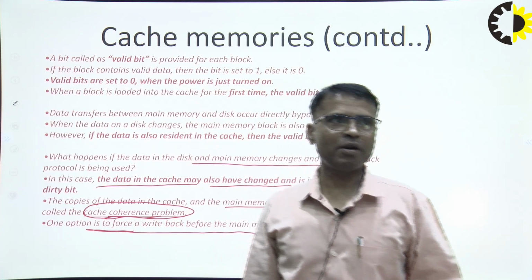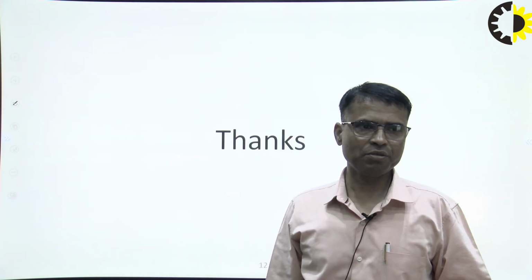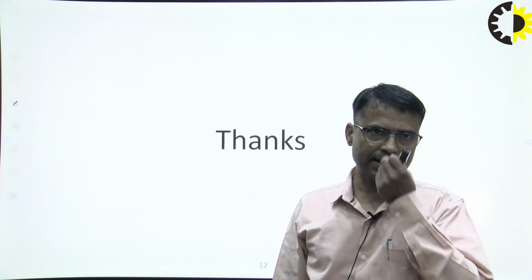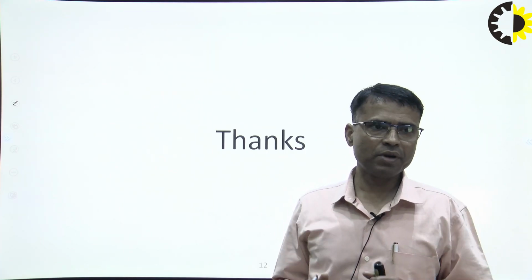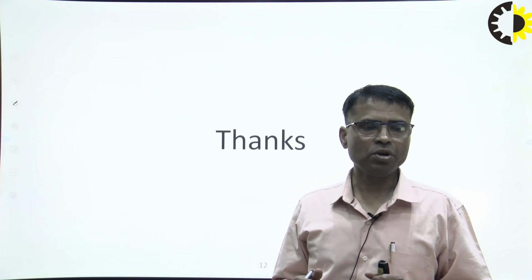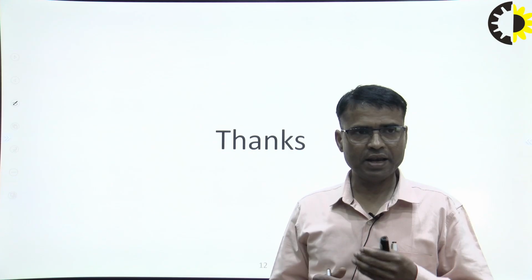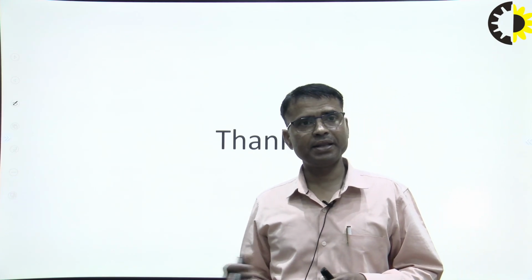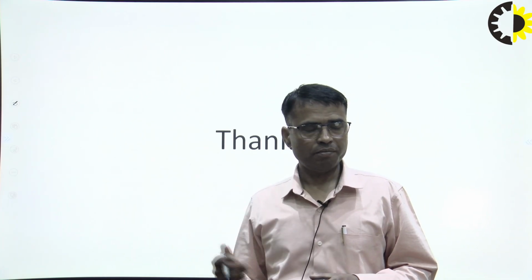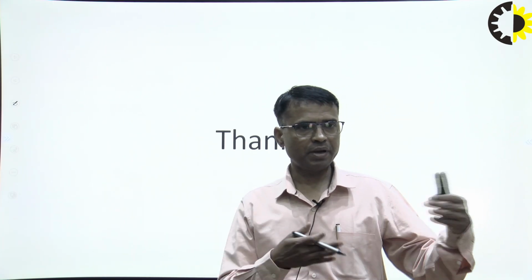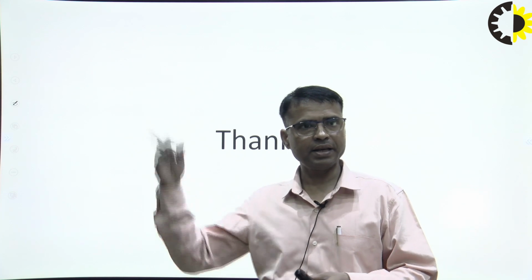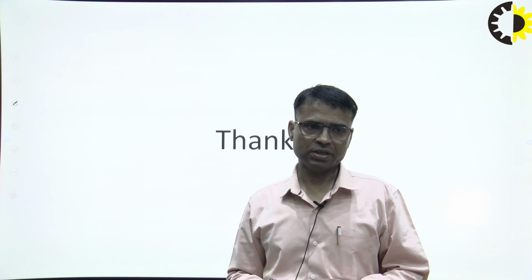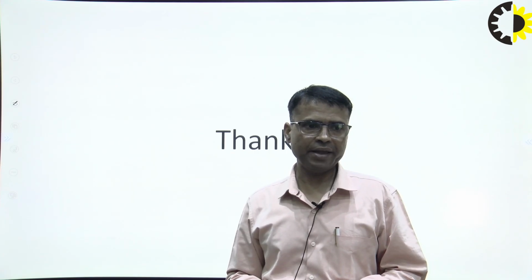So this is a very important thing that we have seen today, for understanding a very large, high speed memory, and also understanding the validity of data in the cache in case there is an update in the main memory from the secondary storage, and likewise from the cache to the main memory, and then it is updated back to the secondary storage. Okay, thank you and Jai Hind.